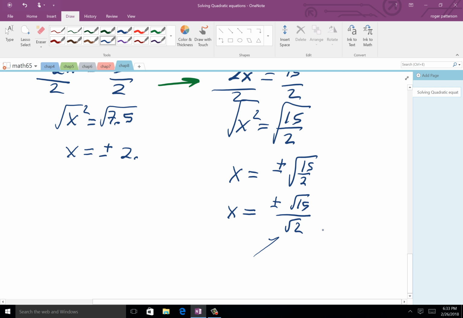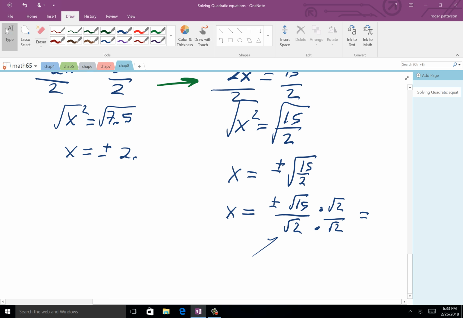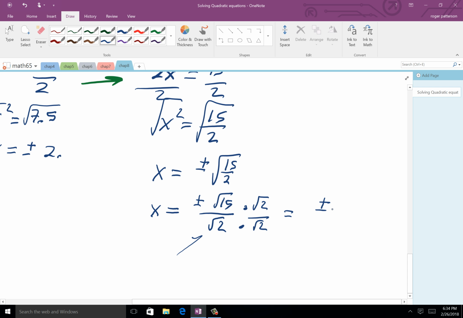No. So what do we got to do to get rid of that? Multiply by that radical. Yep, good job. Okay, so then we're going to get 30 on the top. Okay, and 2 on the bottom. We can't do anything with the 30, so that's the answer.